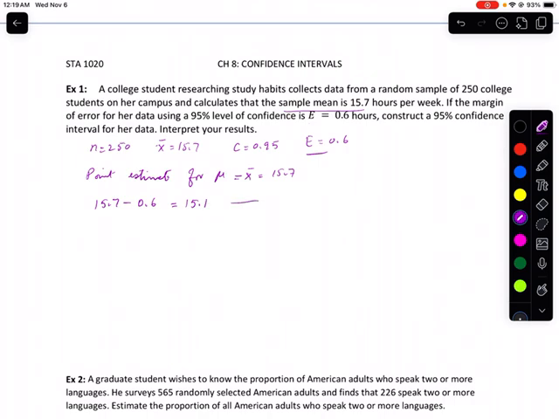This is the lower bound. And then we do 15.7 plus 0.6, which gives me 16.3.